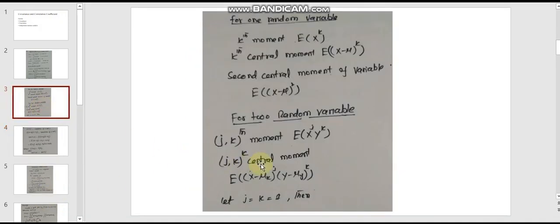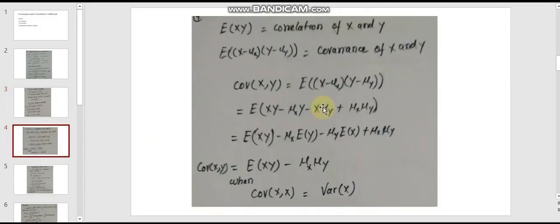Next, the covariance of x and y can be described like this. By changing the jth and kth central moment, we transform it to the covariance of random variables x and y.